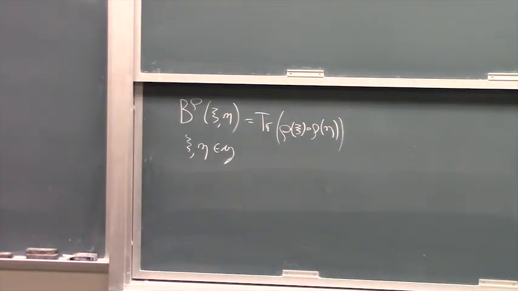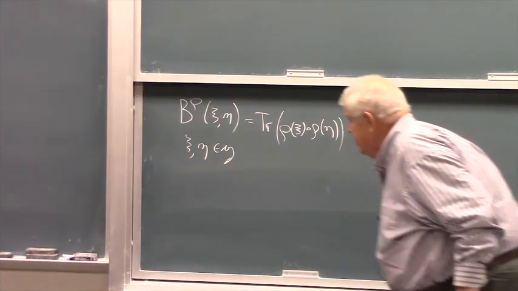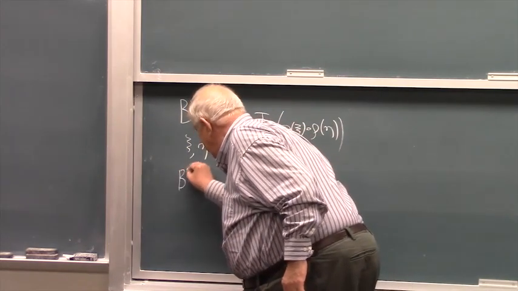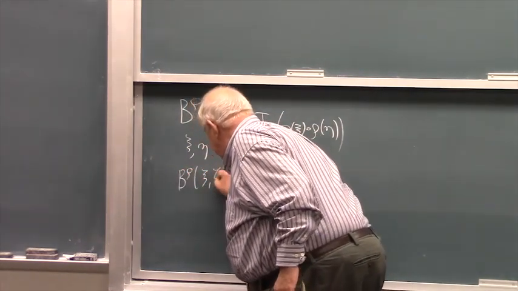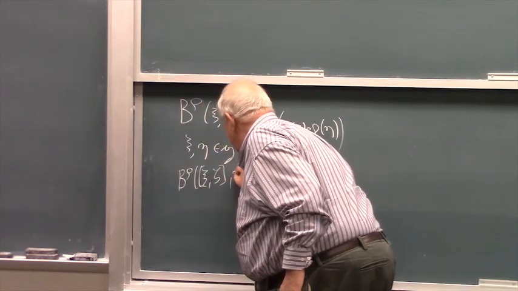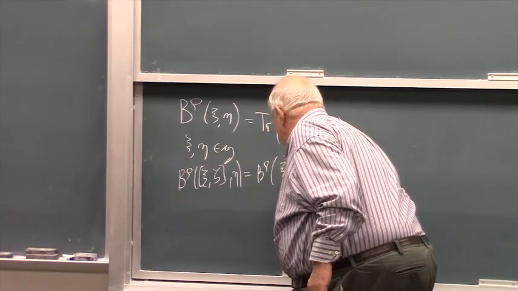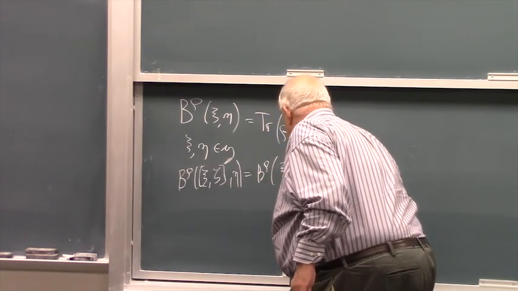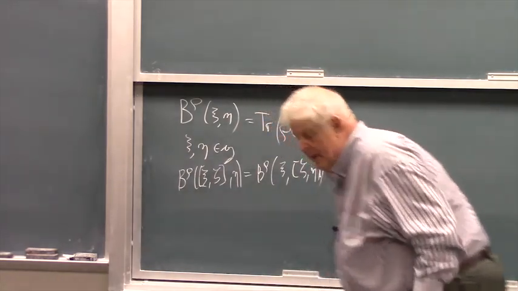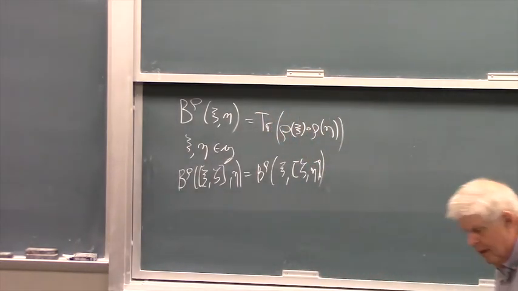This definitely is a bilinear form. Then there is an invariance property, which is immediately proved: B rho of [xi, zeta], eta equals B rho of xi, [zeta, eta]. Very easy to prove. I proved it, but this is the main property, the invariance property.